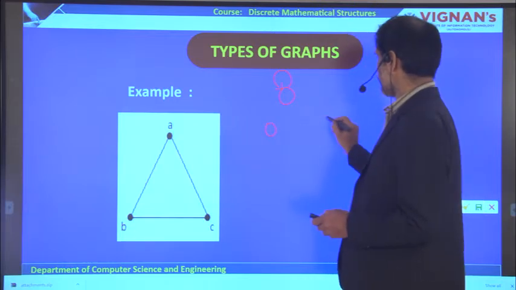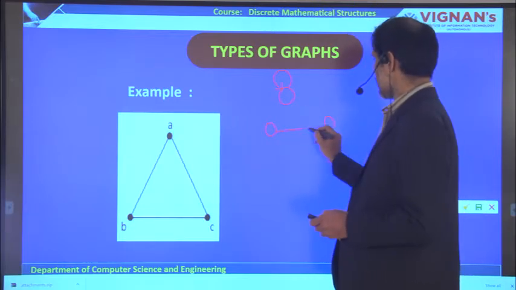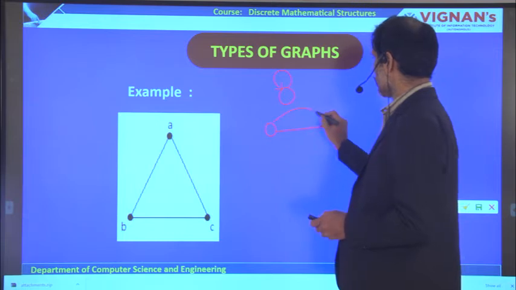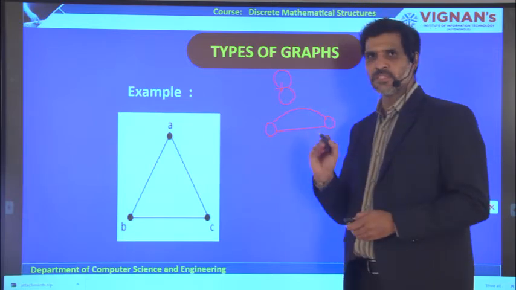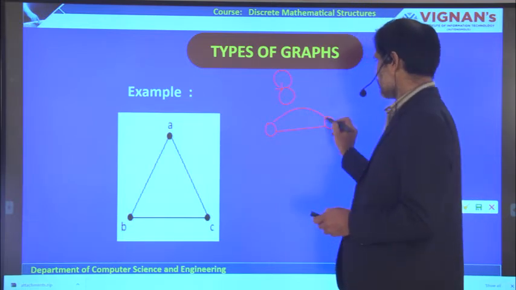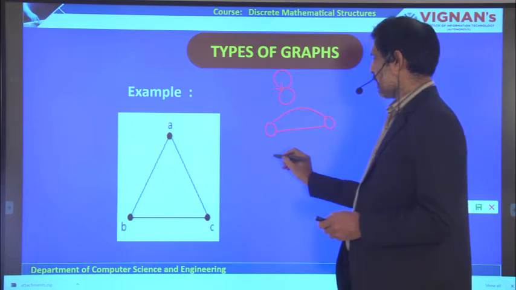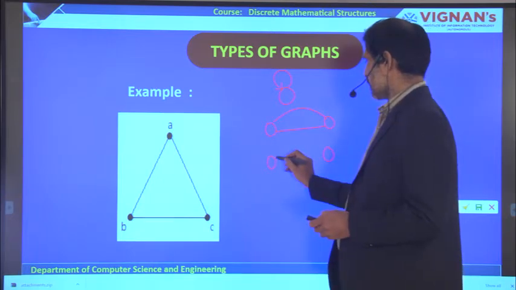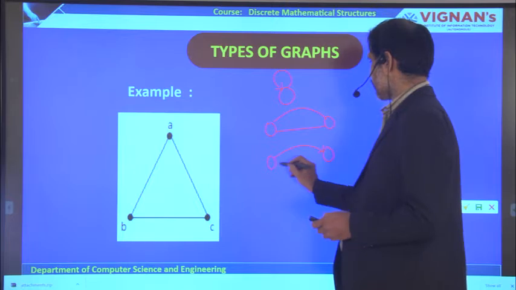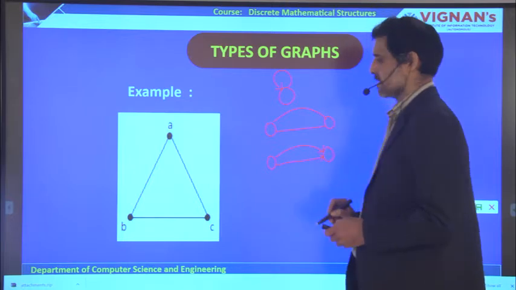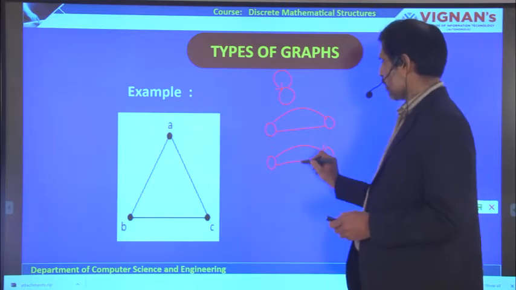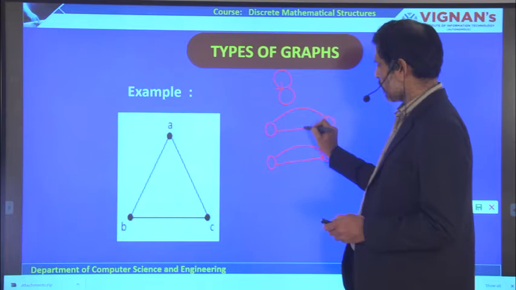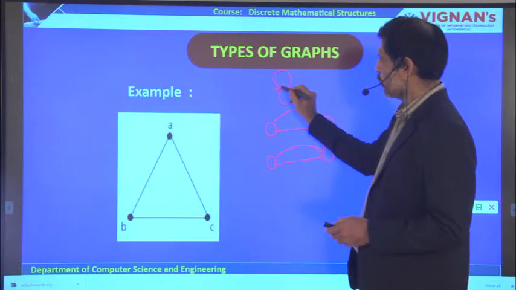If you have two vertices like this, in an undirected graph, both the endpoints of the edges will be the same. So for these two, this is the endpoint. Or in a directed graph, the end vertex should be the same for both the edges like this. Then these two are called multiple edges, and this one is called a loop edge.